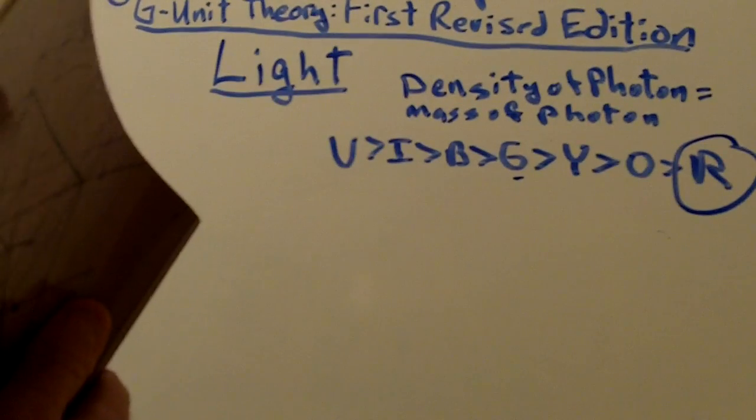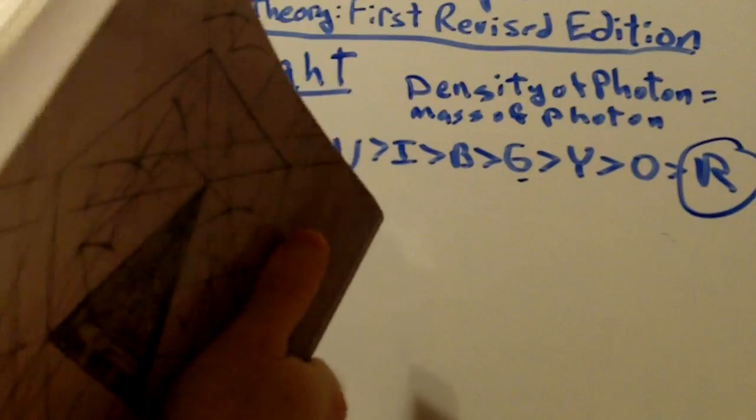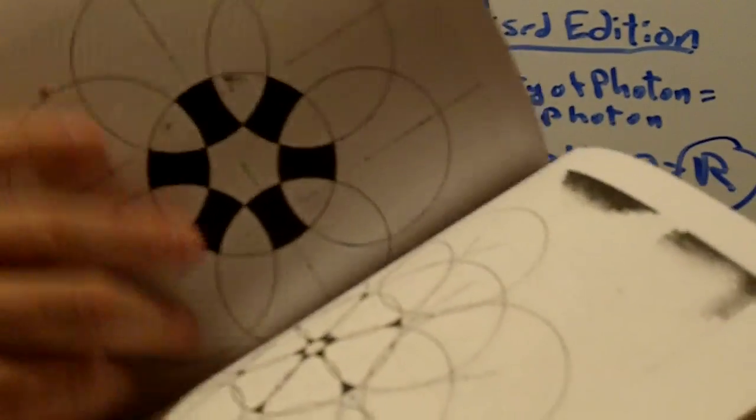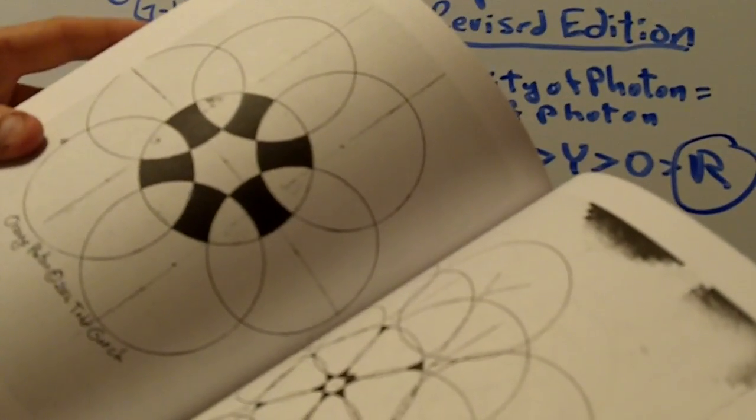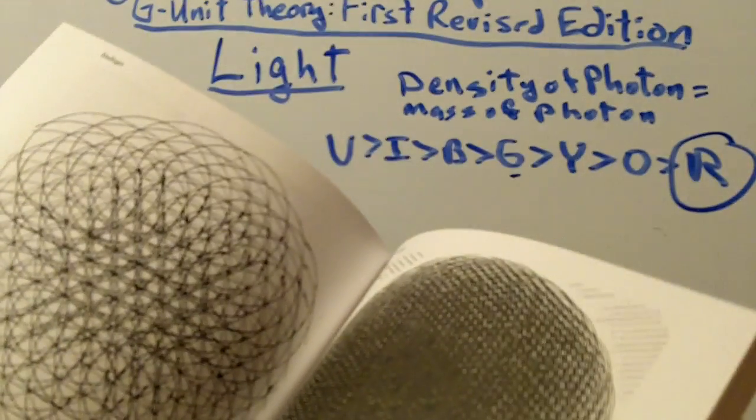As I go back to my book, it's hard to see the red, but it's very close to this drawing here of the orange, which is not very dense at all. It's very least dense, basically, as opposed to maybe something like violet or indigo.